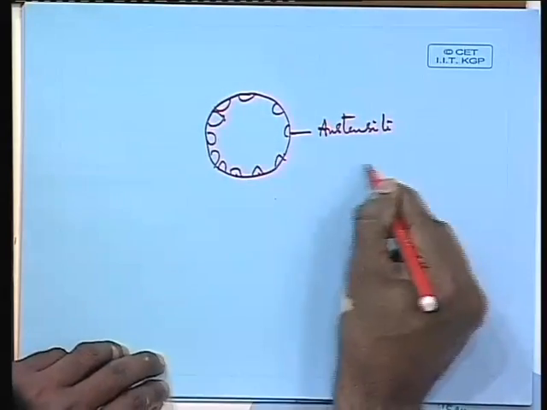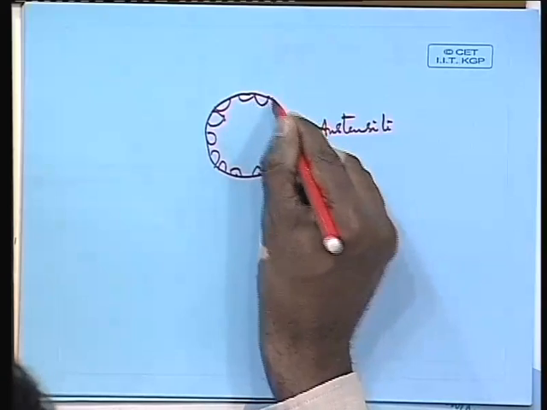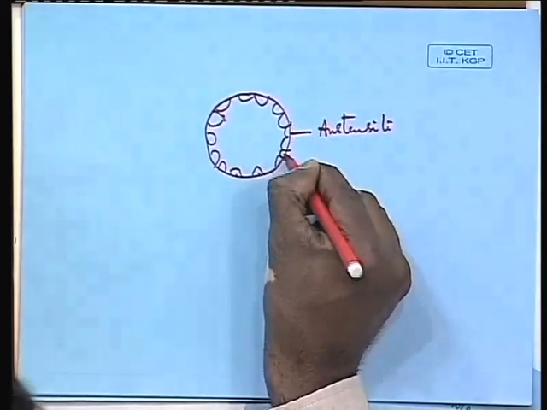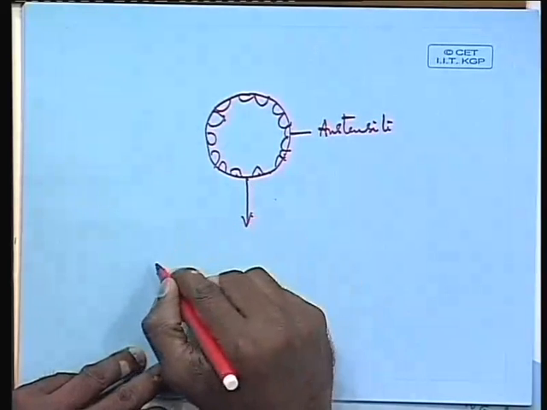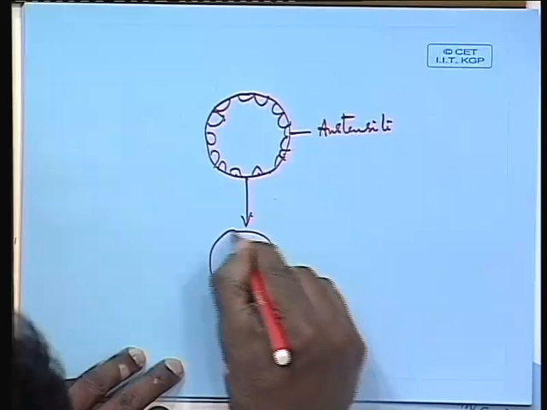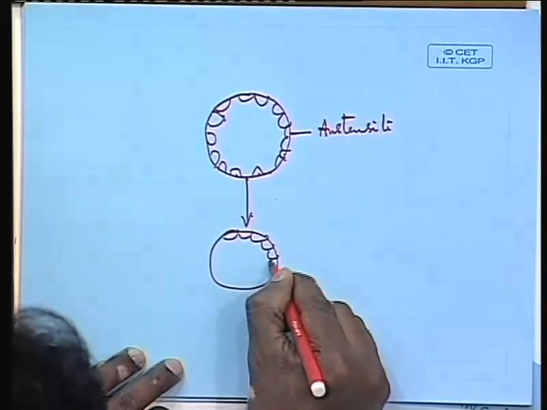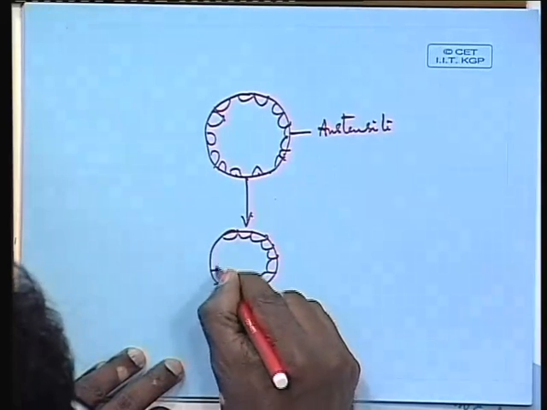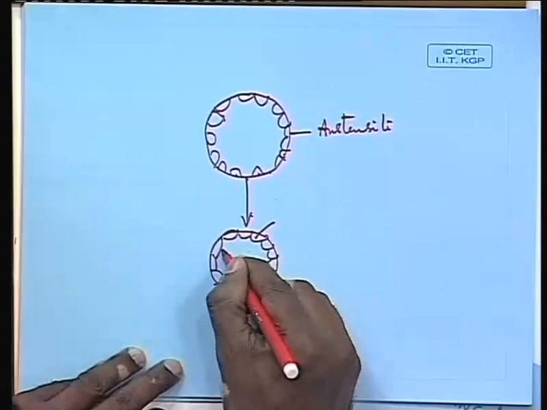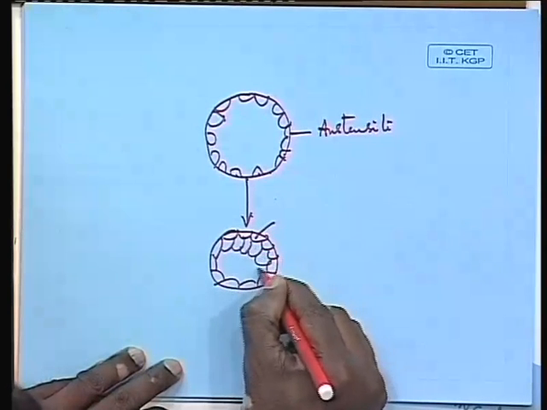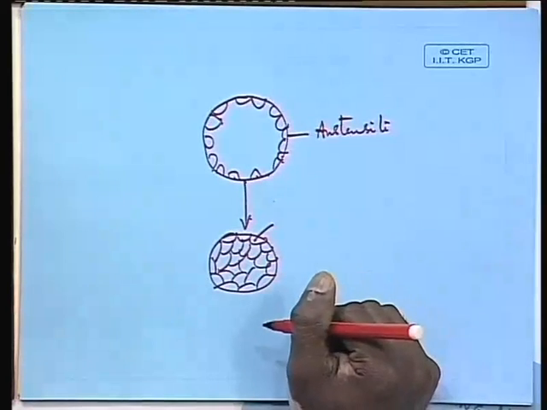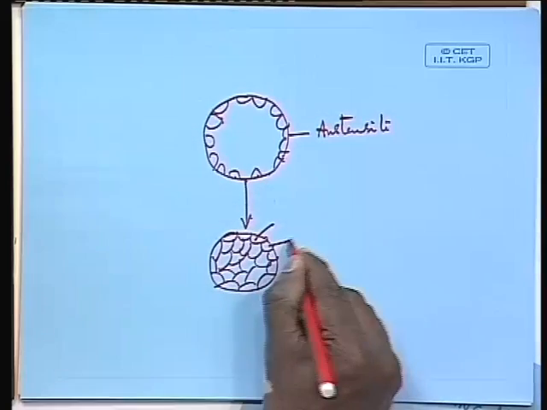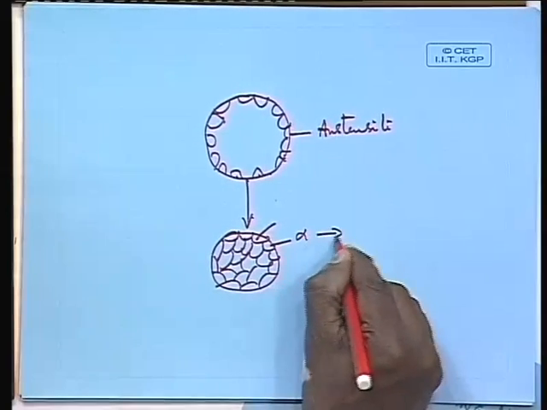So what happens if you take a situation like this, which is having a large number of grains, let us say like this, and in this particular situation, if you start heating it, all of these grains which are here get transformed to austenite. Okay, there are probably inside also some grains, we have not considered that still, maybe. So, whatever grains that are there, the ferrite grains, alpha grains, all alpha grains get converted to gamma grains.